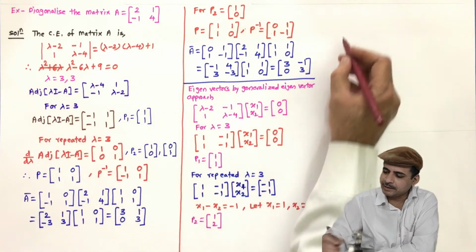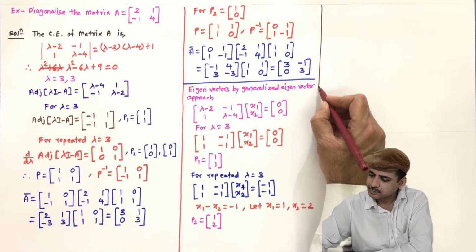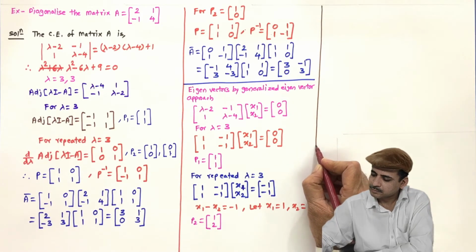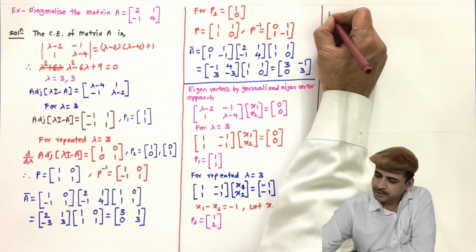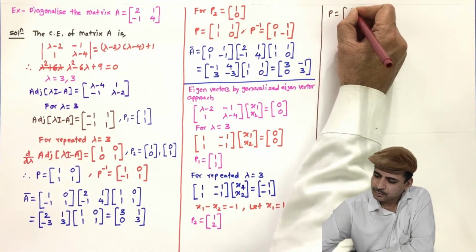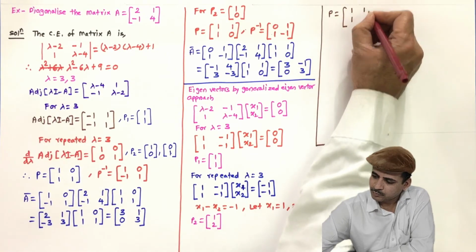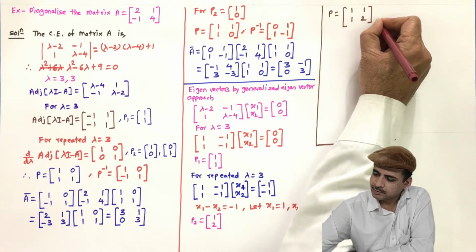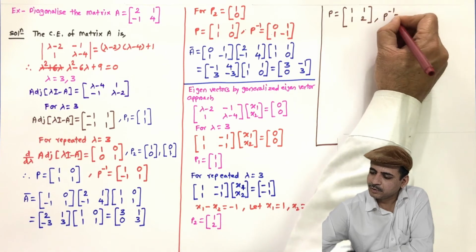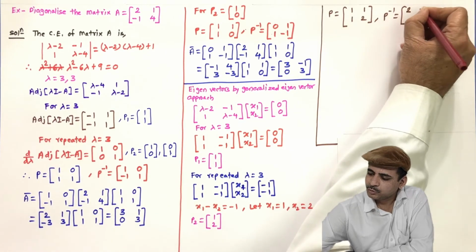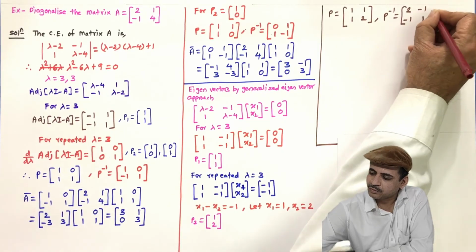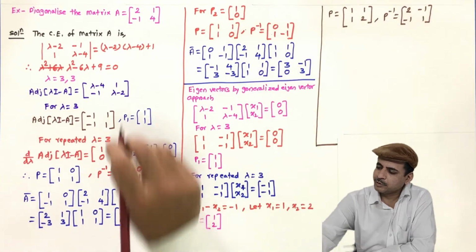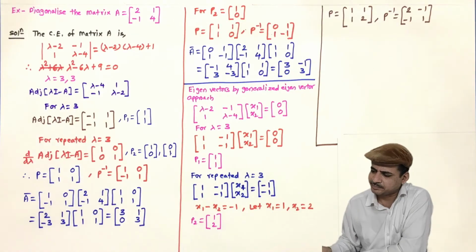So now what is the modal matrix? P is equal to 1 1 1 2, and then P inverse is equal to 2 minus 1 minus 1 1. You can find this, you will get the same answer.